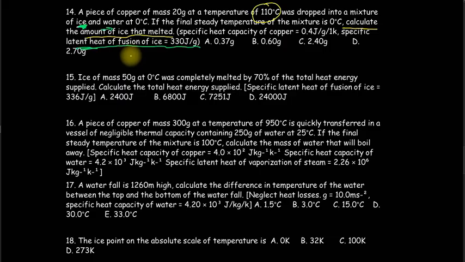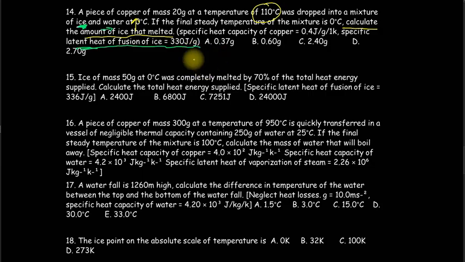The only situation where energy will be lost is if the water now increased in temperature from 0 degrees. That is when additional energy was used from the copper. But only the specific latent heat of fusion of ice was used, which is 330 joule per gram, and we can use that to find our answer.